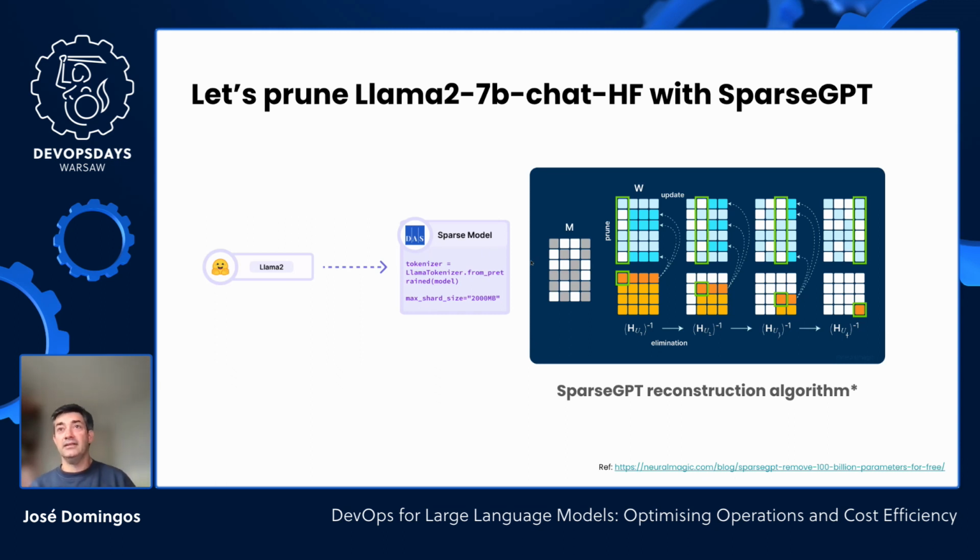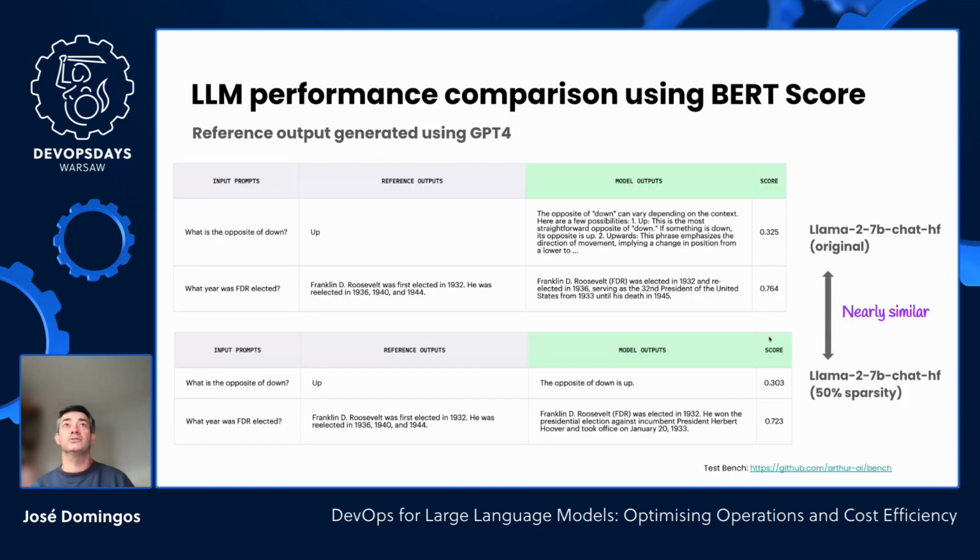What that does effectively, as I said before, is go through the model and remove dead weight, removing nodes that are zero effectively, making the model smaller and more efficient. And these were some of our results.